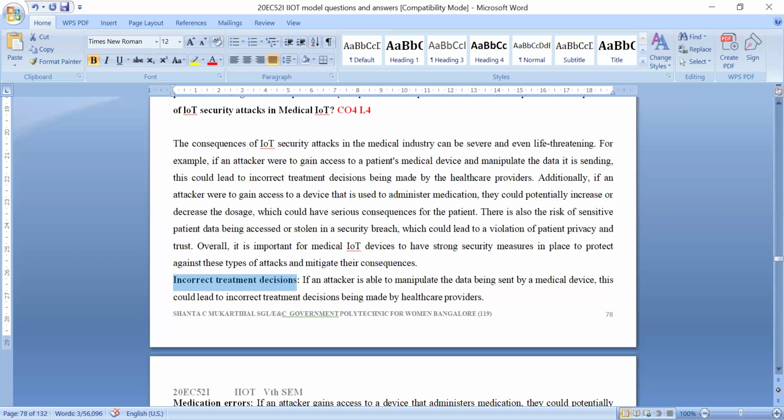So this could result in incorrect treatment for the patients, such as giving wrong medication, giving wrong dosage to the patient, which will worsen the patient's condition. So this is called an incorrect treatment decision.